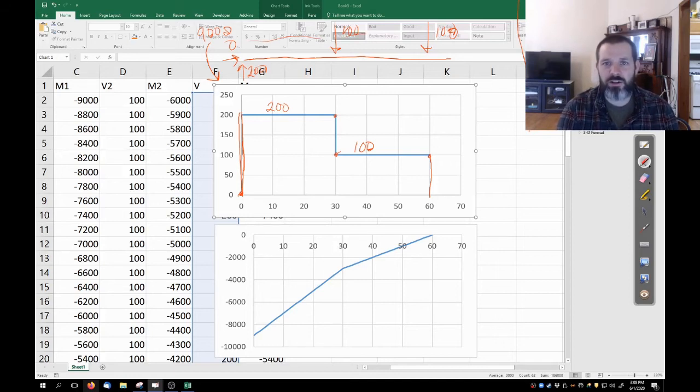Then we have 100 pounds, which causes a jump of 100. Then we have no other forces till we get to the end, so it stays constant at 100, and then we have another jump of 100 due to the point load. This diagram behaves this way basically because these 100-pound point loads are impulses. They cause the shear diagram to jump.